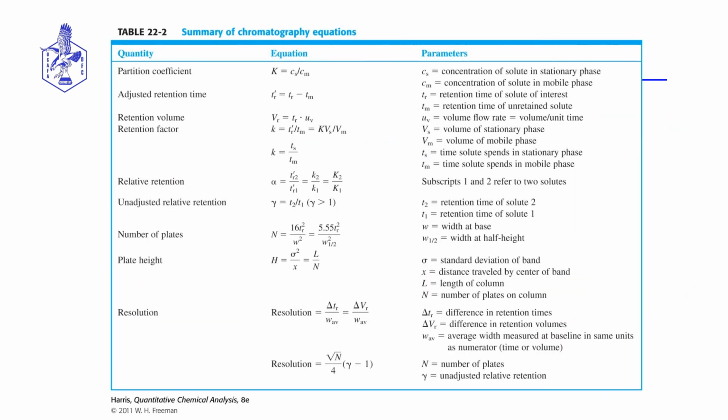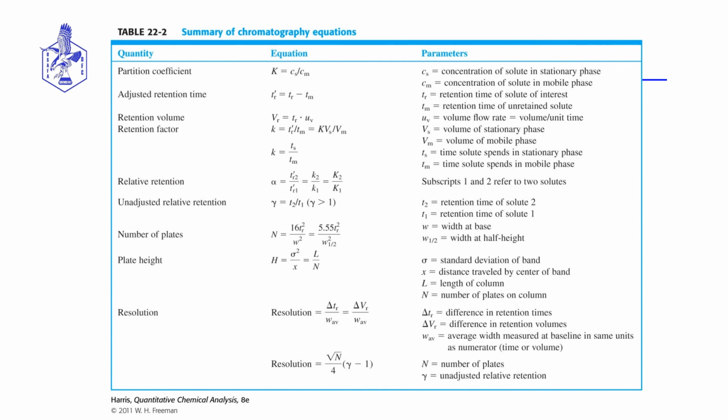So our final slide of the day is simply a summary of all of the important chromatographic parameters that we measure and interpret when we carry out a sample separation using either gas chromatography or liquid chromatography.